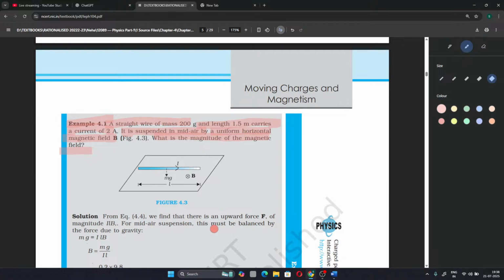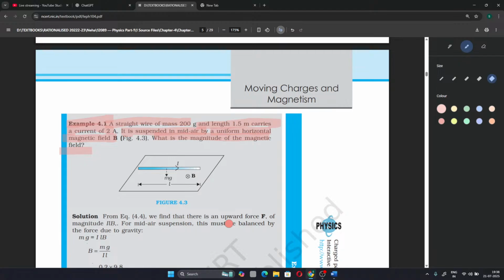They gave that information. Given here is a straight wire of mass 200 grams, possibly given so that we can calculate the force due to gravity. They gave the length of the rod, which is 1.5 meter, and it has a current of 2 ampere.